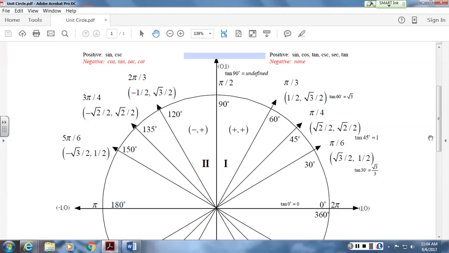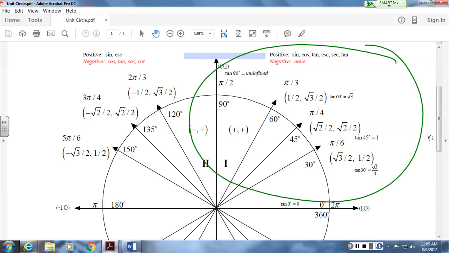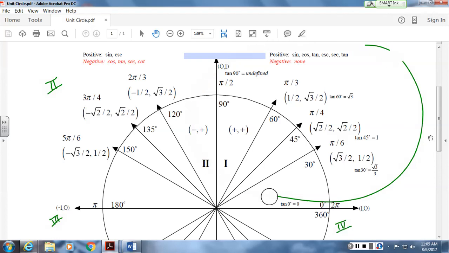I want to point out that in quadrant 1, which is usually what we do, we memorize quadrant 1 and then just sort of flip-flop it and mirror image it to get anything in quadrant 2 or quadrant 3 or quadrant 4, which is down here. So if I'm thinking of just quadrant 1, I want to remind you of a few things.